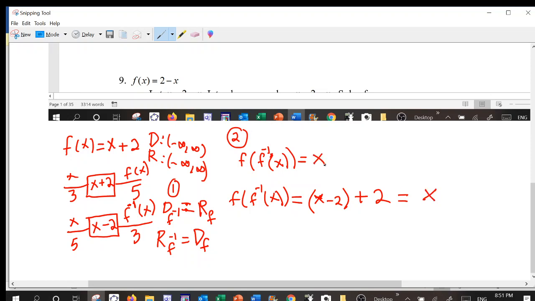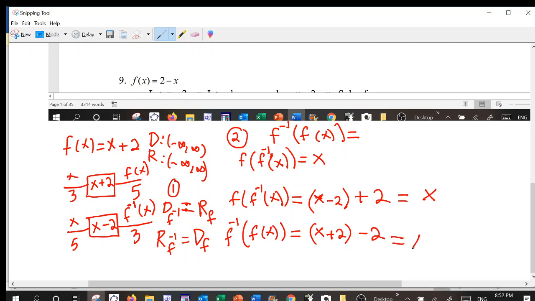And this always happens. If we have two inverse functions, this always happens. And also, when we take f inverse and put f in it, what do we get? Well, f inverse says input minus 2. So if I take f of x, which is x plus 2, and substitute it here, what do I get? x again.